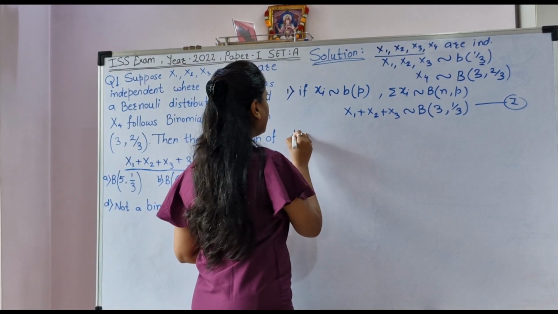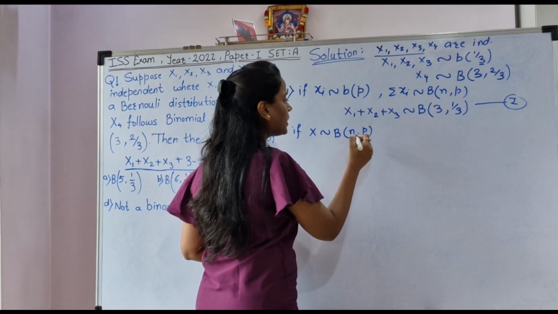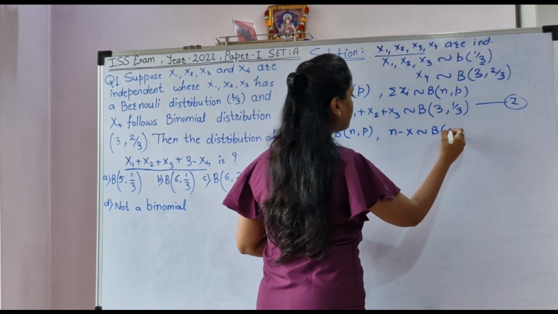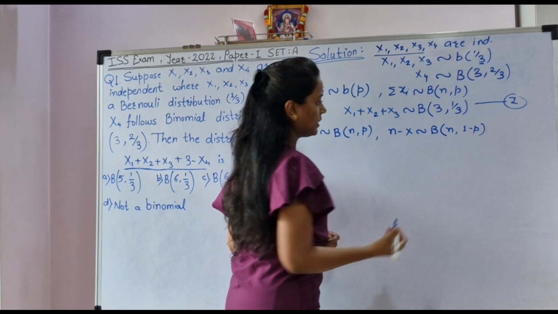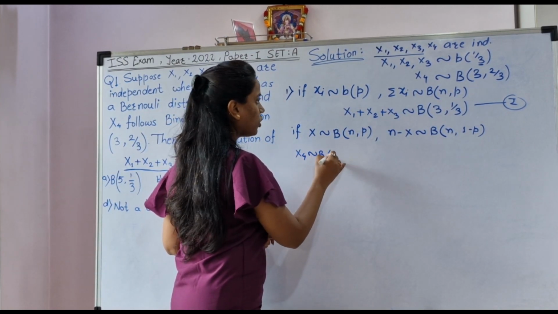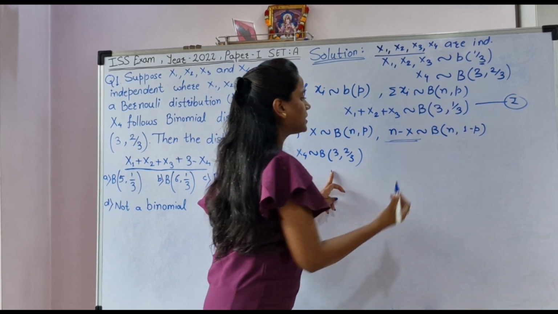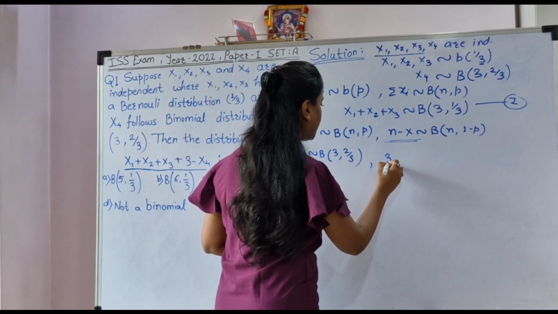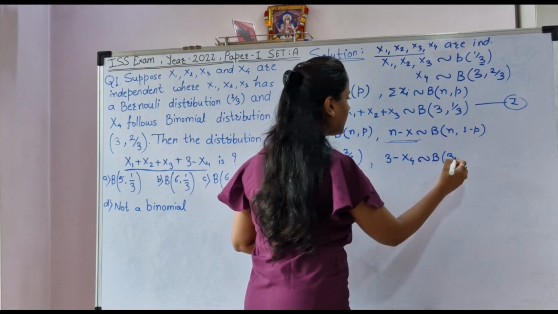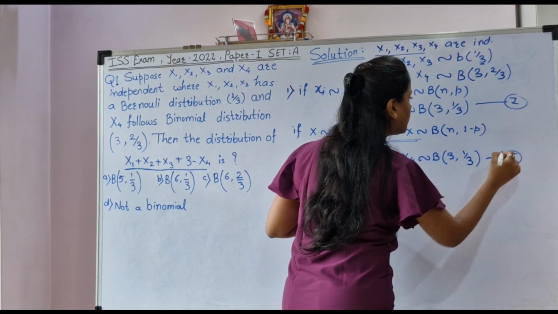It says that if X follows a binomial distribution with parameter n, p, then n minus X will follow binomial with parameter n, 1 minus p. Here, X4 follows binomial with parameter 3, 2/3. So using this result, 3 minus X4 will follow binomial with parameter 3, 1 minus 2/3, which means 1/3. This is our equation number 2.